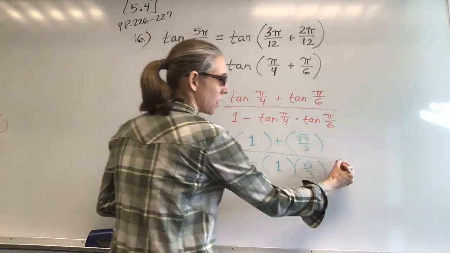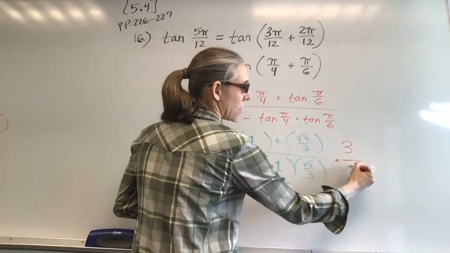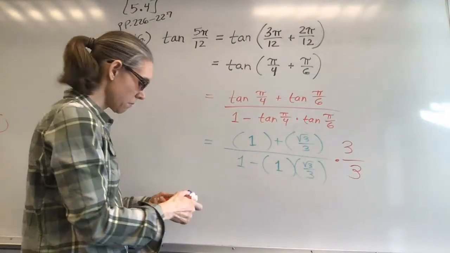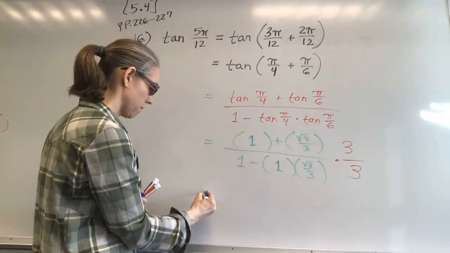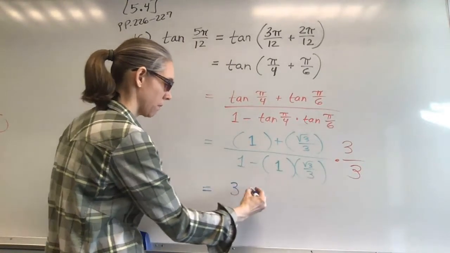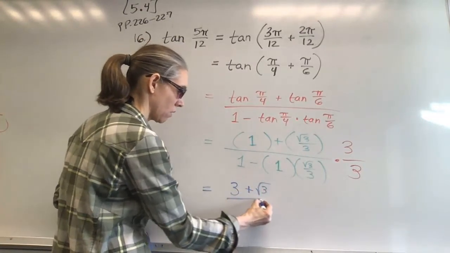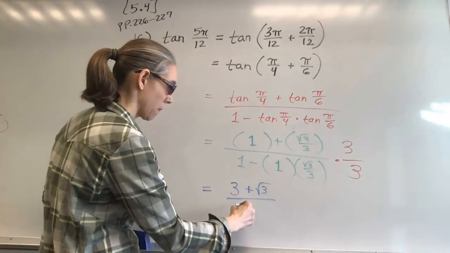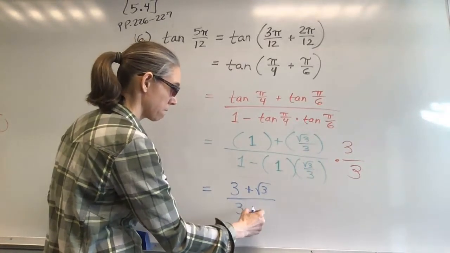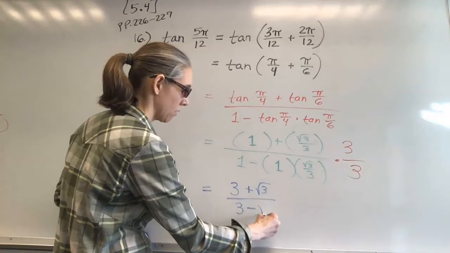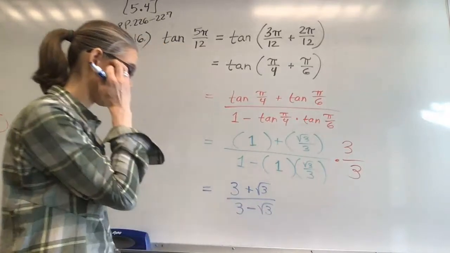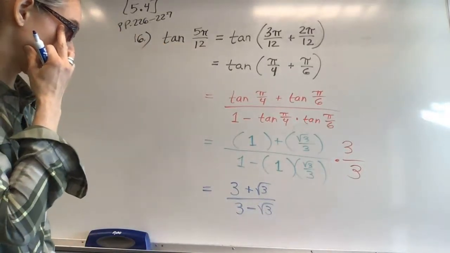So I'm going to multiply by 3 over 3. And that is going to give me 3 plus root 3 all over 3 minus root 3. Yes? Yes.